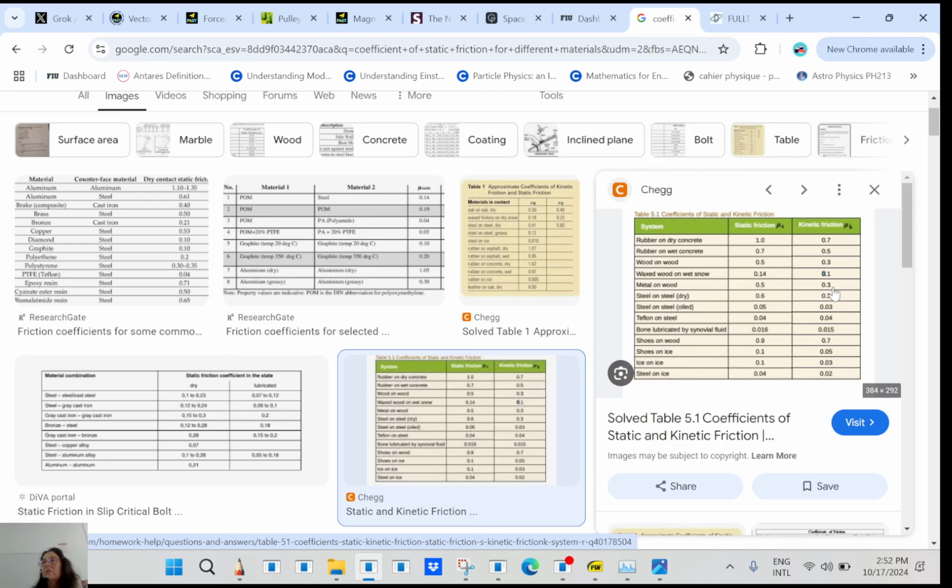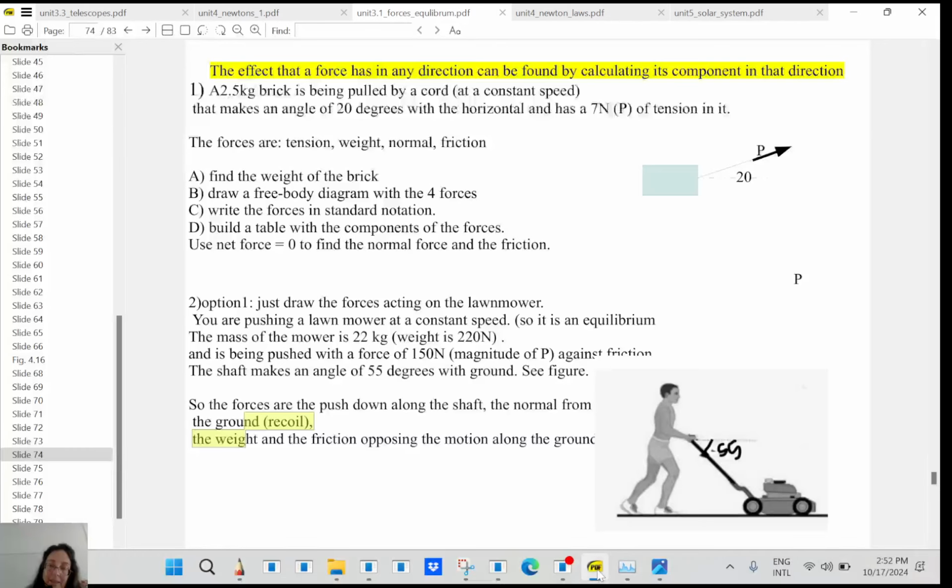So those values, there is no equation for it. Okay, you have to do the experiment and try. And they have no unit because it's Newton divided by Newton. Okay? Now you see ice it's almost zero, obviously.